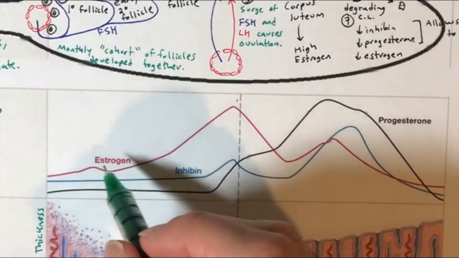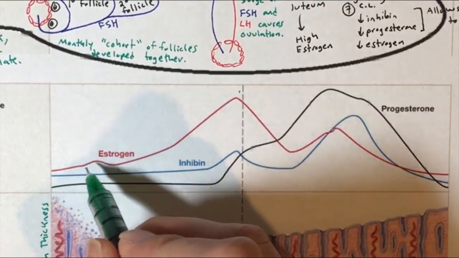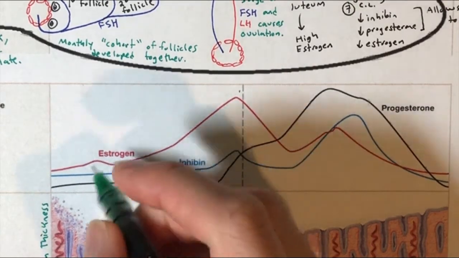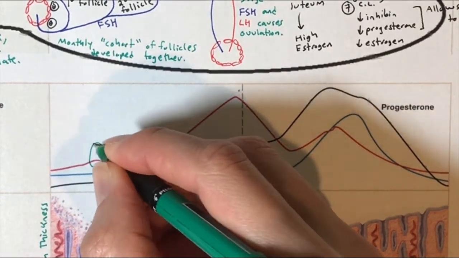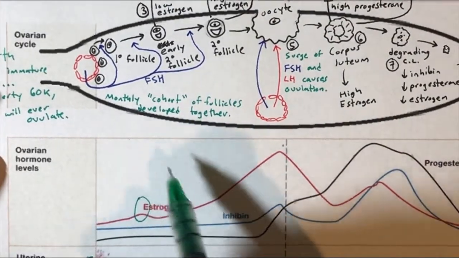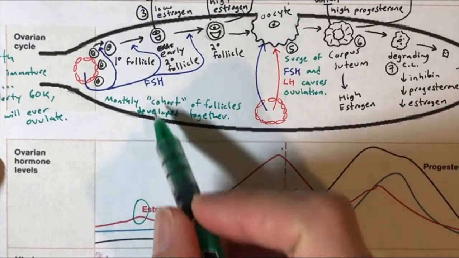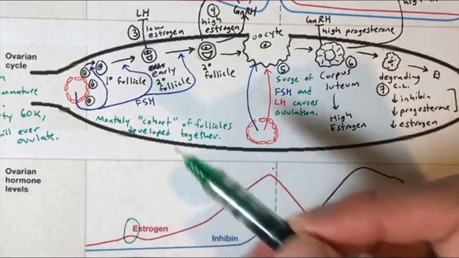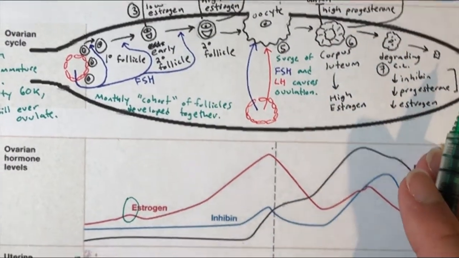Okay, so this graph, we can see estrogen going up in concentration. So there's a little bump here in estrogen. What's going on in that little bump? You have this little bump here because of the low amount of estrogen being released from this early secondary follicle in the ovary.